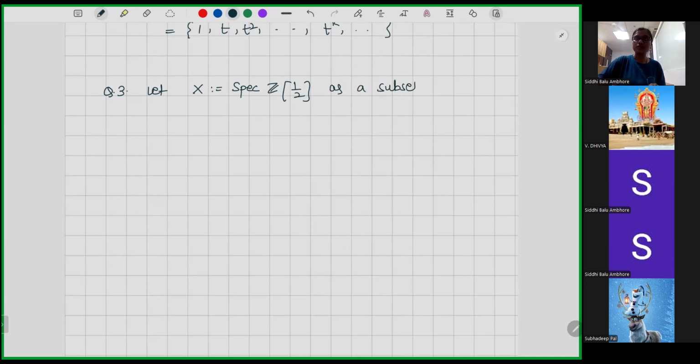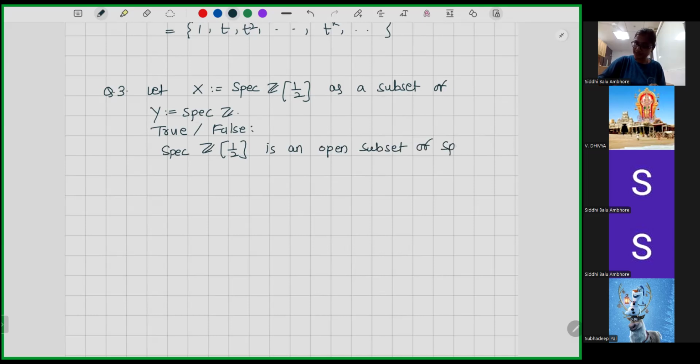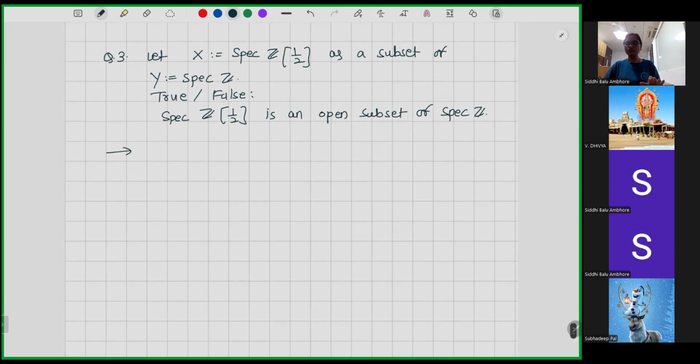A subset of Y equal to Spec of Z. And we have this true or false question: we have to check whether this Spec Z[1/2] is an open subset of Spec Z. When we write Spec, we mean the Zariski topology.